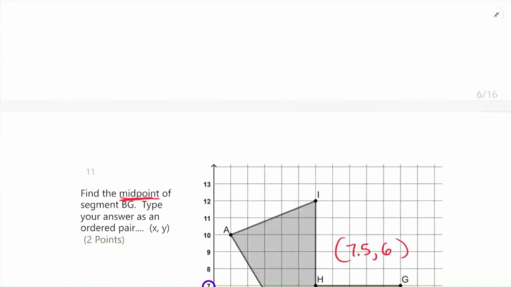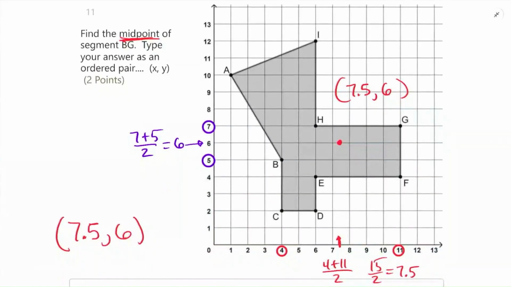If I go to 11, this one says find the midpoint of BG. So again, we're looking at point B and we're looking at point G, and we're trying to find the point that's exactly midway between those two. And I'm doing this by looking at the average of the x's. So you can see here x is 4 and x is 11. When I add 4 and 11, I get 15, and half of that, half of 15, is 7.5.